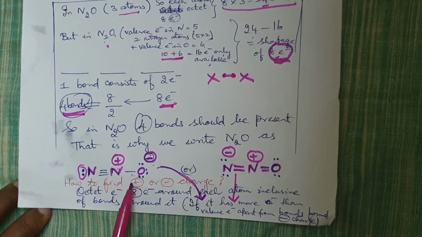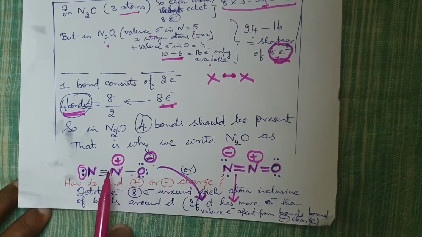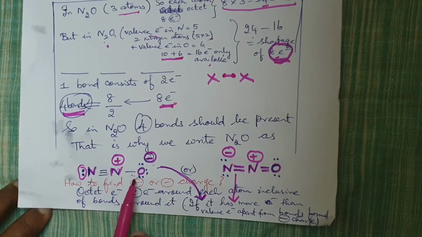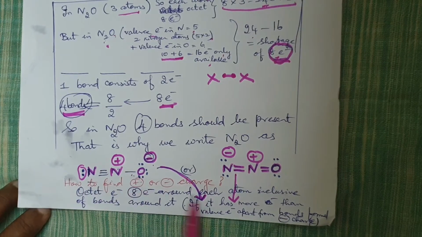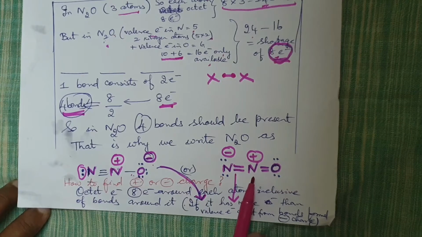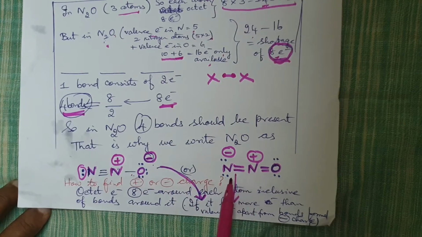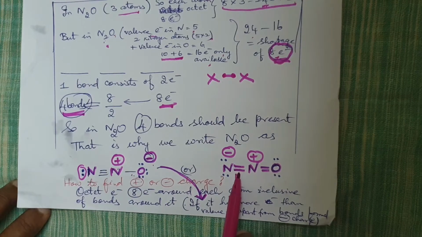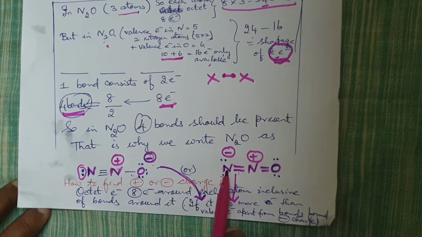So, this is how to write down the positive or the negative charge on the Lewis dot structures. Let us consider the second resonance structure of N2O. In this particular case, you will find nitrogen has got 2 bonds here, and so out of the 8 octet electrons, 4 are involved in the bond formation.